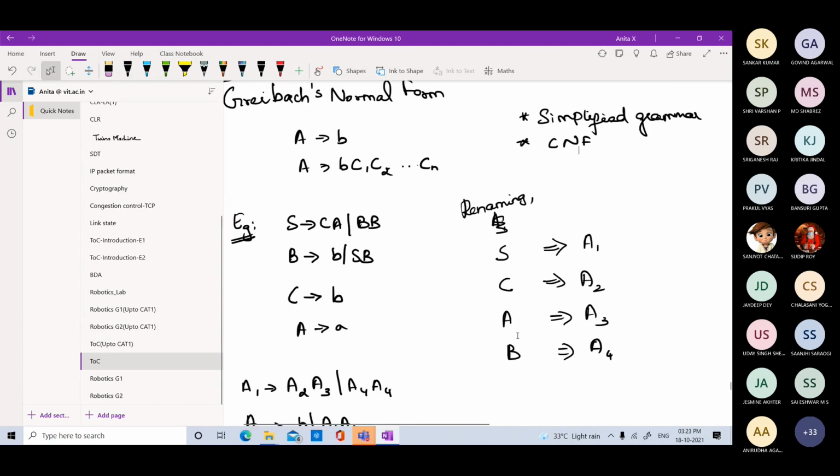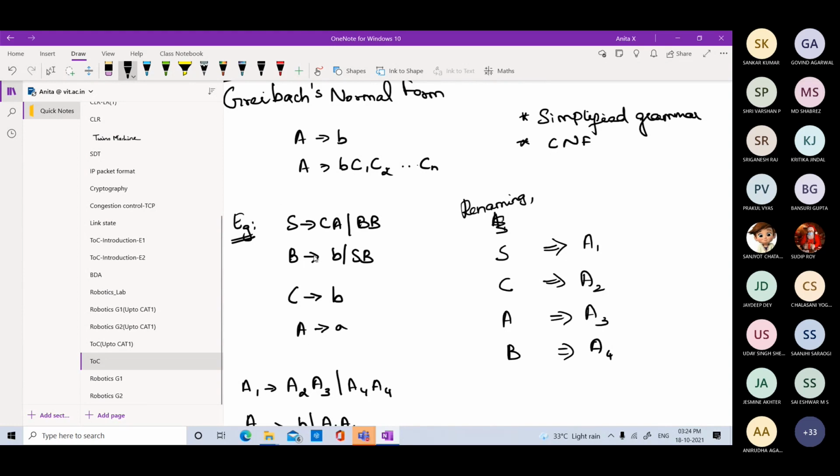After that only we can proceed with the conversion to Greibach. So what is the first step? We have to proceed with renaming. While renaming, please make sure to rename in this fashion, because we have a rule where we check that I is less than J. If there is a production of the form AI derives AJ X, we check the condition where I is less than J. So in order to consider that, we are renaming in this fashion.